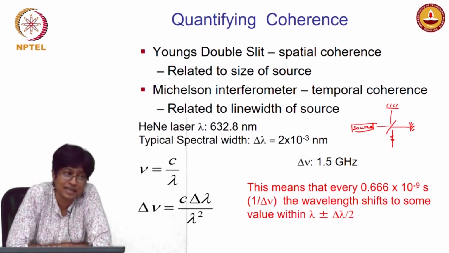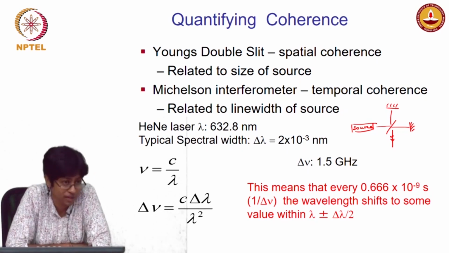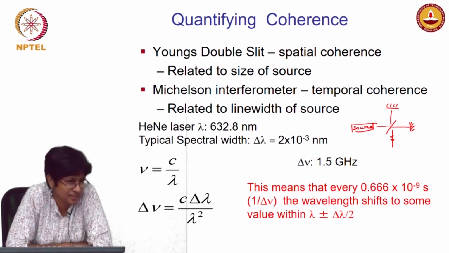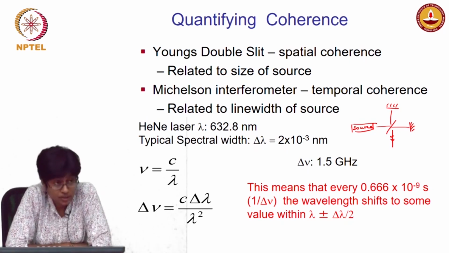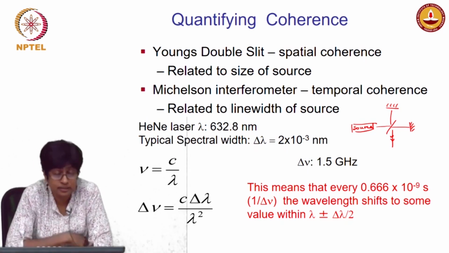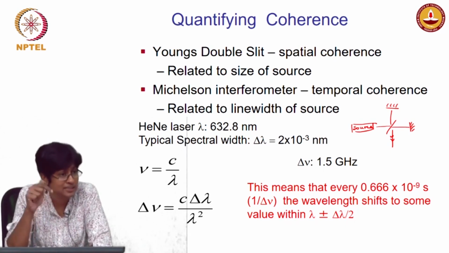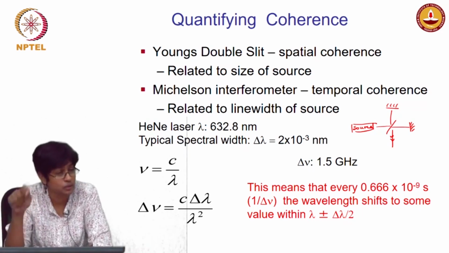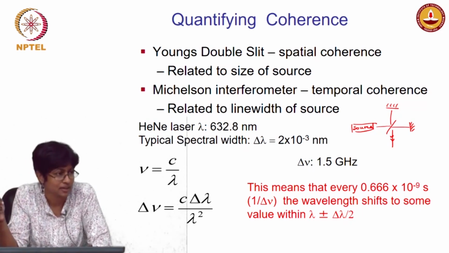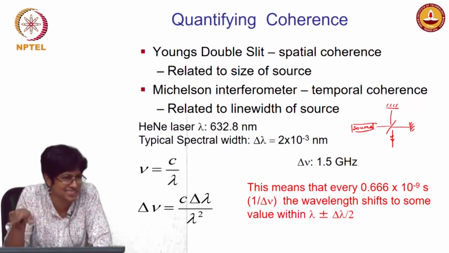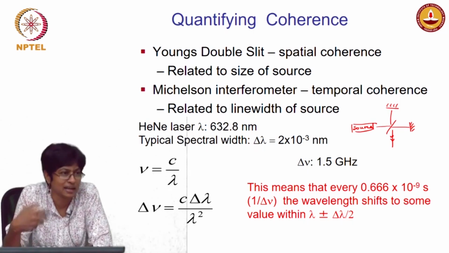Now, because light travels really fast, you get coherence lengths which are still practical, right? You're not saying that in a time of 1 second they are correlated. You're saying in a time of about 0.66 times 10 to the power minus 9 seconds, they stay correlated, but light can travel quite a good distance in that time. And that allows interferometers to be useful to us.